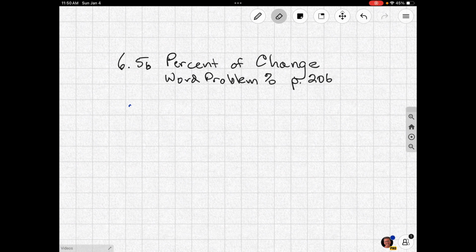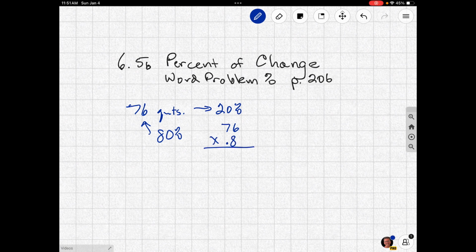Well, there were 76 quarts left, and then it decreased by 20%, which means that there was 80% of this left, 80% of 76 quarts. So all we have to do is take the 76 and multiply it by the 80%, or 0.8, because 80% is 0.8. It's 8/10 or 80 hundredths.